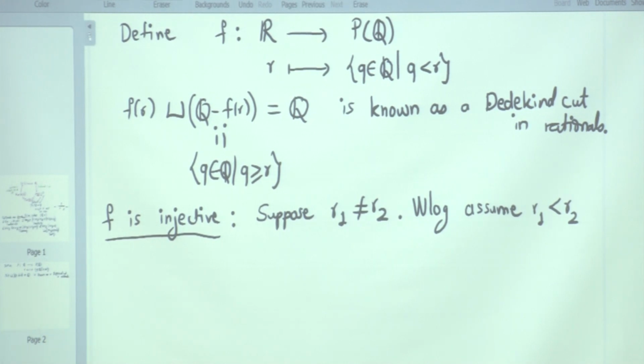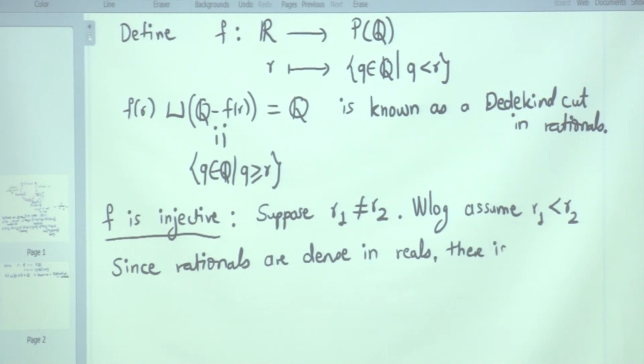How do you prove that? Since rationals are dense, this you must have done in your first calculus lecture. Rationals are dense in reals. There is some q0 in the rationals such that r1 is less than q0 is less than r2.